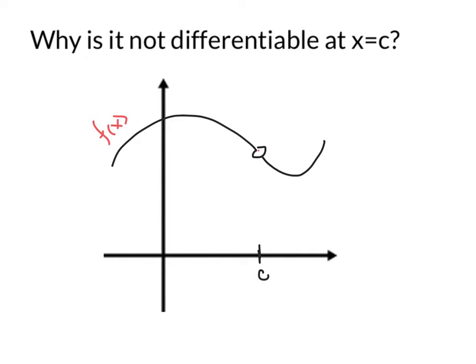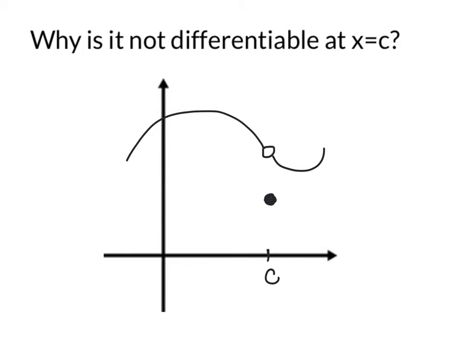There is no point c, so we don't know where the derivative could be. So why this is not differentiable is because the function does not exist, not at f of x, but at f of c. The function doesn't exist at c.